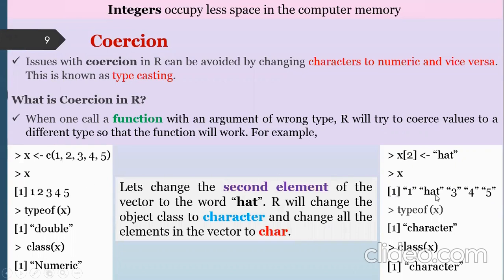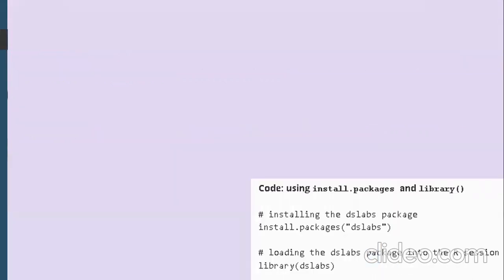If we write hat at the second position, hat is a character, while the rest is numeric. So it will consider the whole set as characters, not numeric. In this way it coerces things rather than going into details and instructing the software. After that, we have to install some codes.